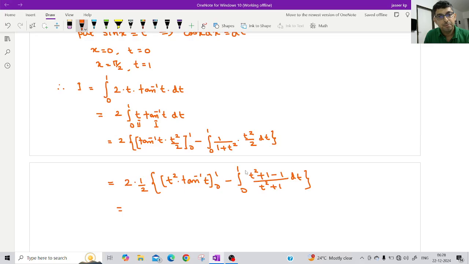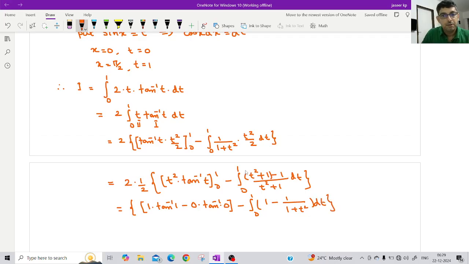So if we apply the limits for the first term, it will become 1 into tan inverse of 1 minus 0 into tan inverse of 0. Then integrating this, if we split it, it will become 0 to 1, 1 minus 1 by 1 plus t square dt.